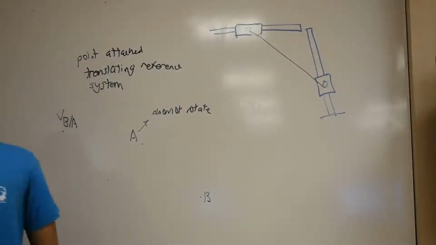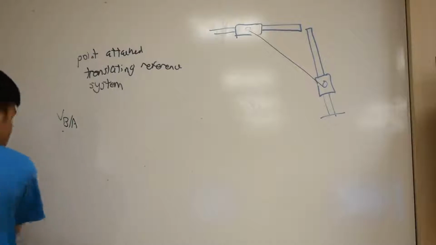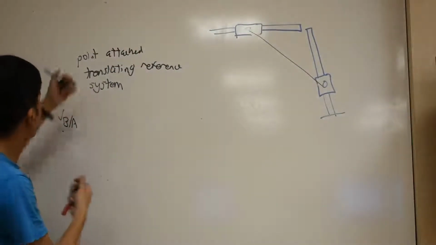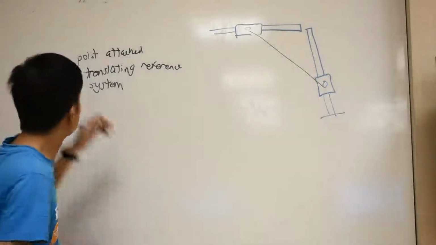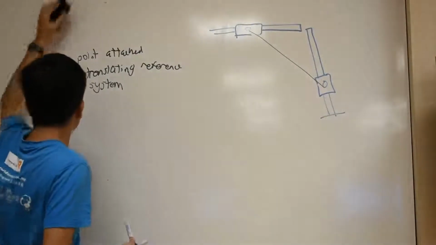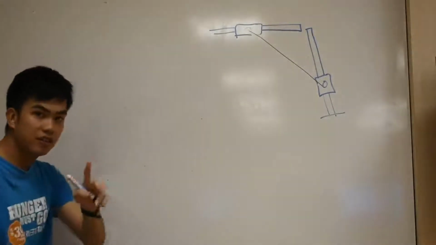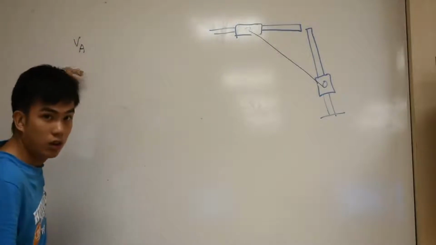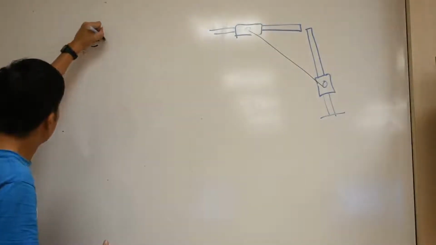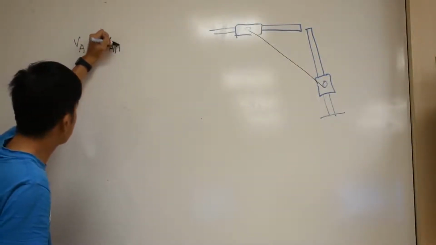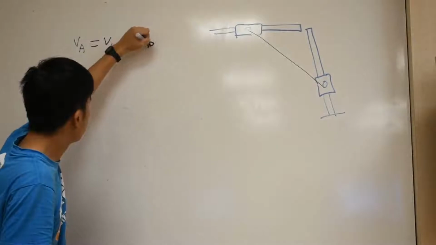Okay, so when we are solving equations based on this reference system concept, there are 2 equations that should pop up in our mind. First of all, VA, where A is the velocity of the object that we are concerned with, equals the velocity of A with respect to B, where B is the point attached translating reference frame, plus VB.